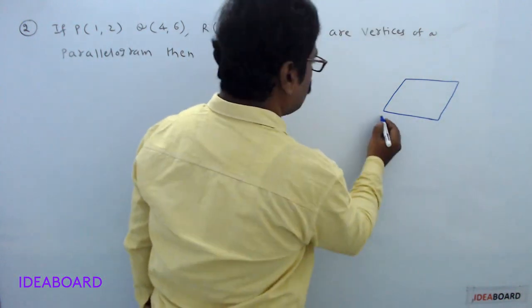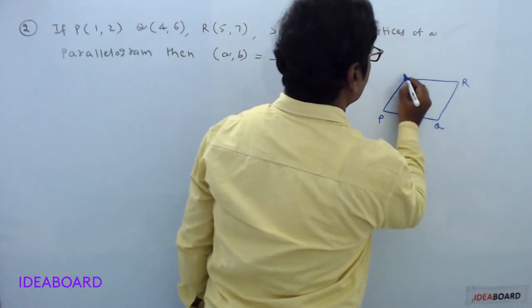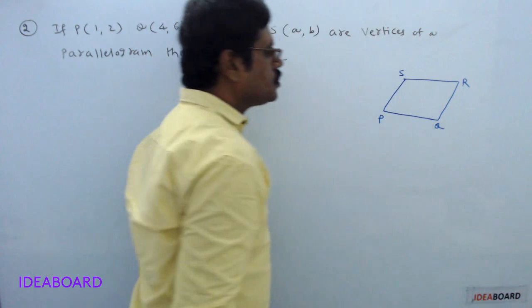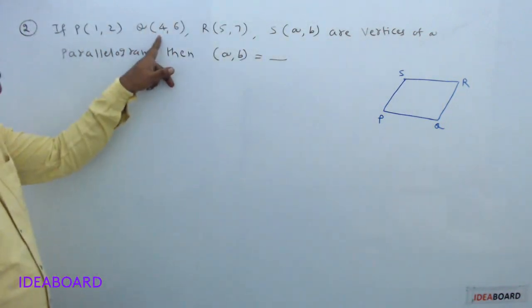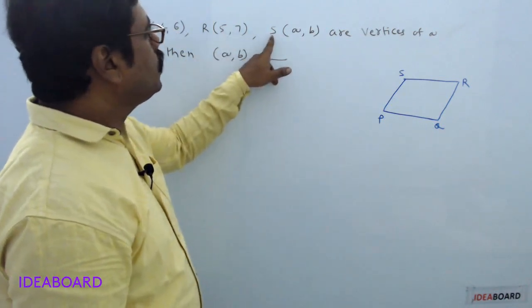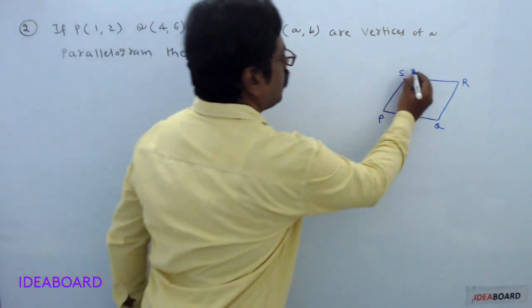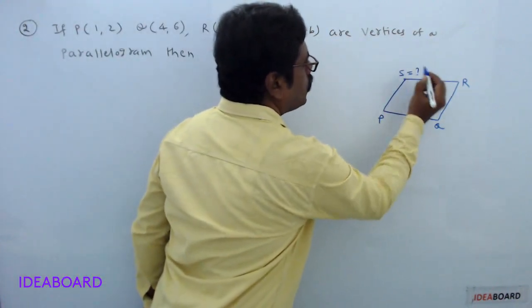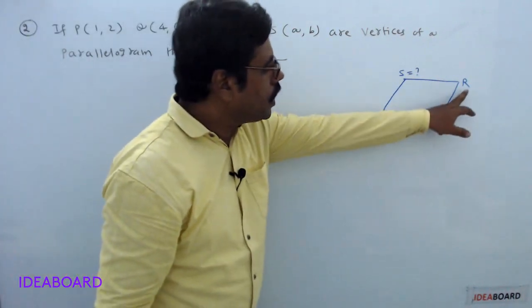So vertices are P, Q, R, S. P point coordinates are (1, 2), Q point coordinates are (4, 6), R point coordinates are (5, 7), S point coordinates are (a, b). Here we need the coordinates of the point S. So P is given, Q is given, R is given.